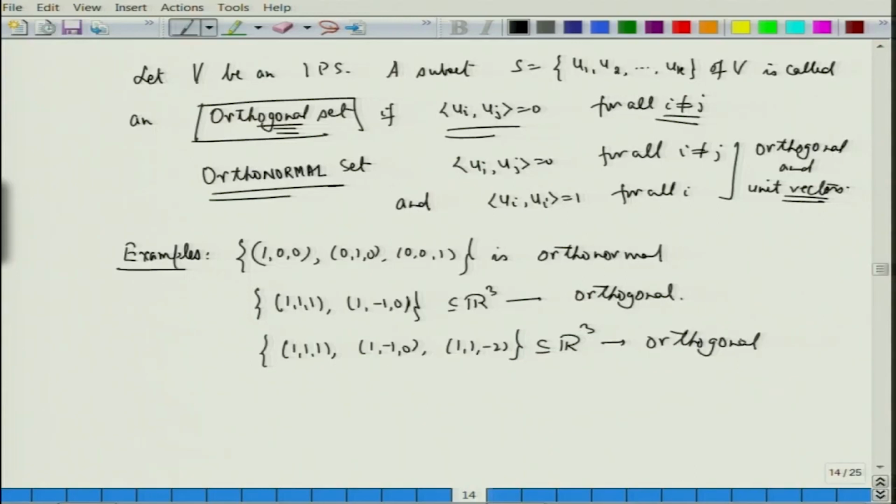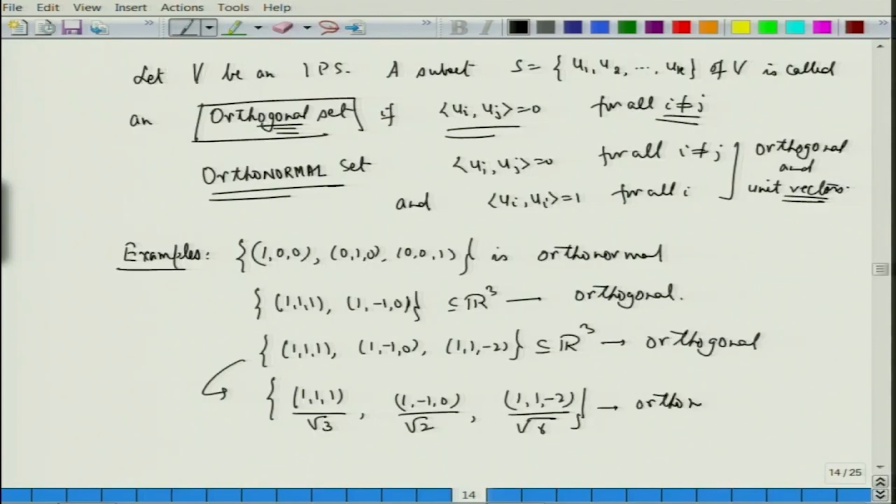Now if I want to look at this from the point of view of orthonormality, I have to divide by the lengths to make them unit vectors. So 1 1 1 divided by root 3, 1 minus 1 0 divided by root 2, 1 1 minus 2 divided by root 6. This will give me an orthonormal set.